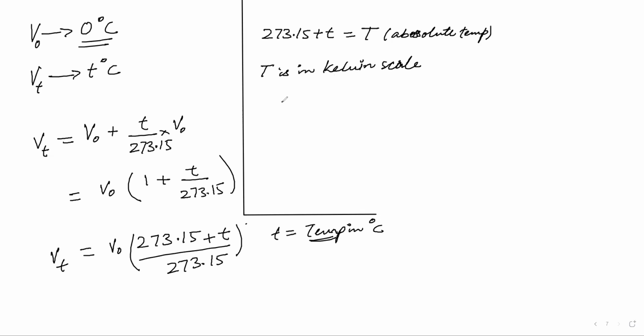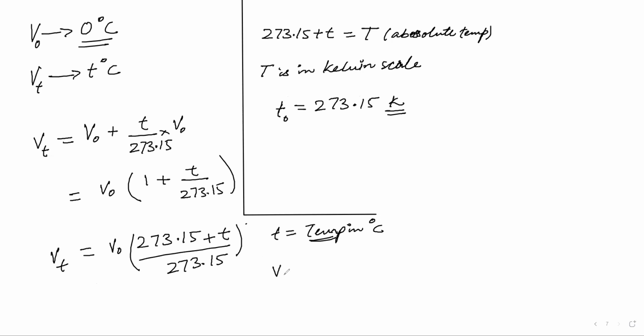Okay, so now tell me what will be T0. This will be equal to how much? 0 degrees Celsius. And in Kelvin scale, it will be 273.15 Kelvin. Now I am going to rewrite this.